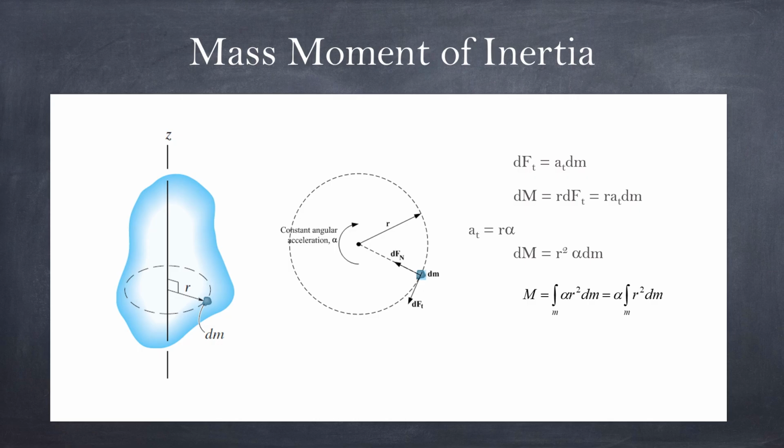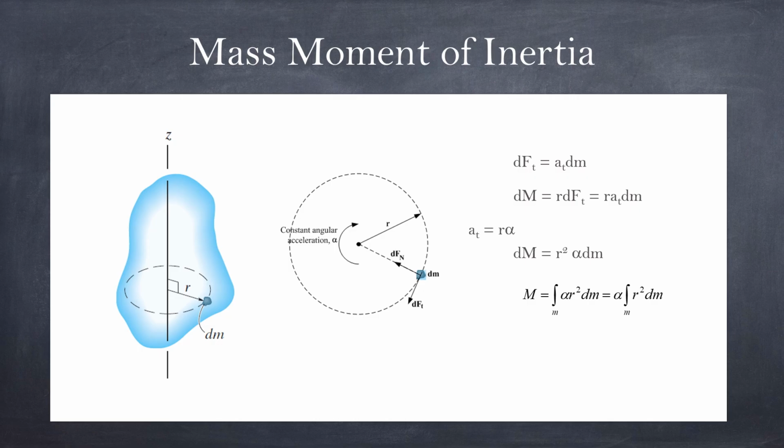Now notice the format of the equation. You have the term of force, in this case moment, and then you have the term of acceleration. Because moment is angular, the acceleration here is angular acceleration alpha. And we have what we call the mass property, the integration of r squared dm. Compare this to the expression we know, F equals ma.